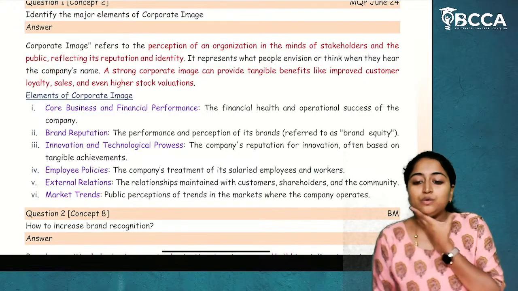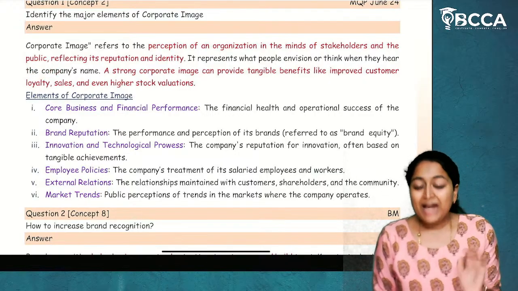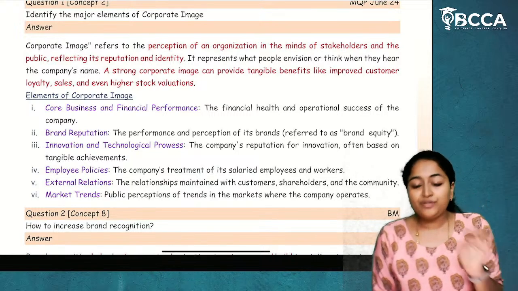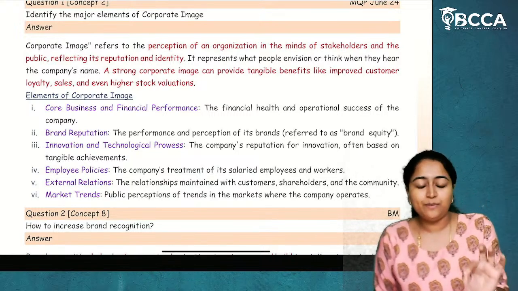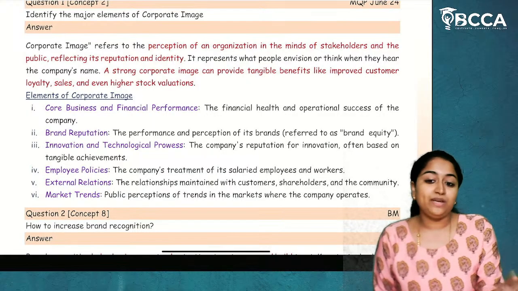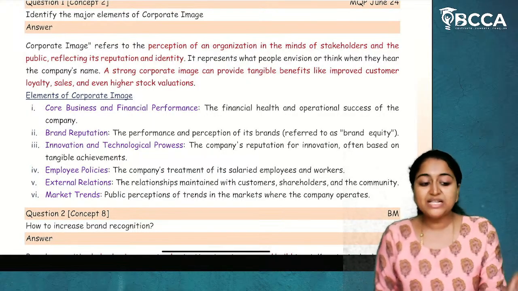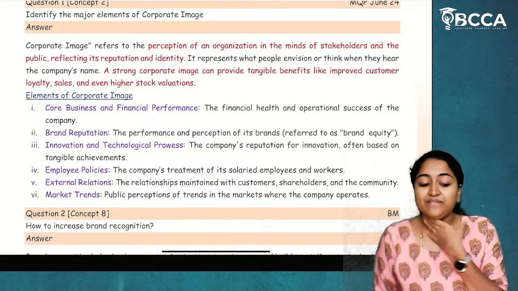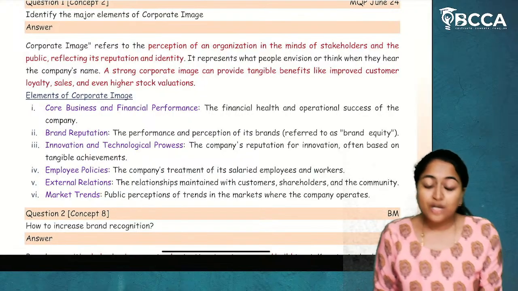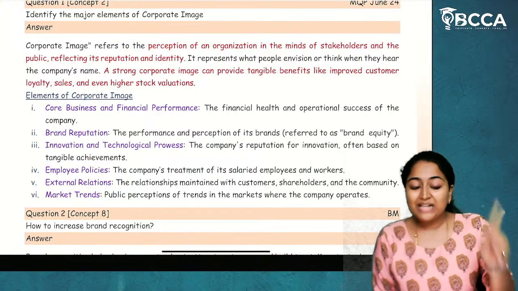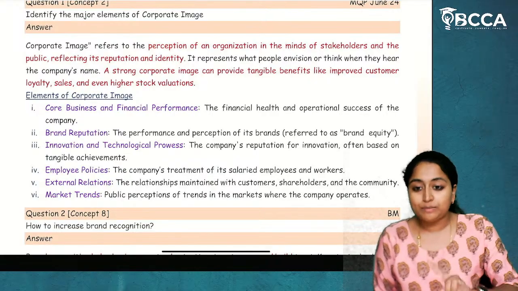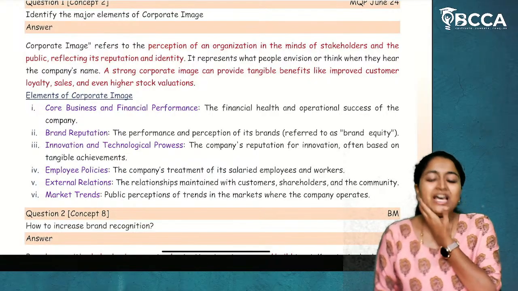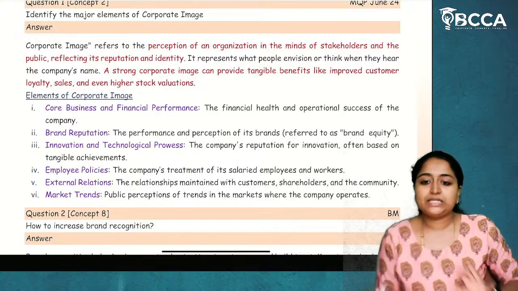If I tell you that this is a company and instantly in your mind it comes that this company will provide good products, this company will treat its employees properly, this company will give better customer service, then that company has a good corporate image. Now, there are many brands.